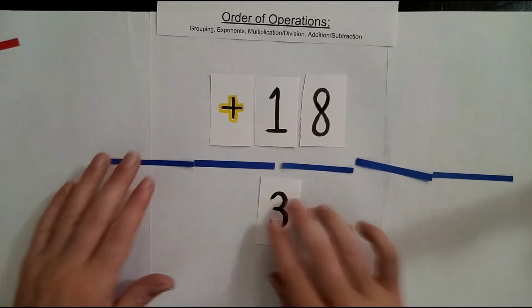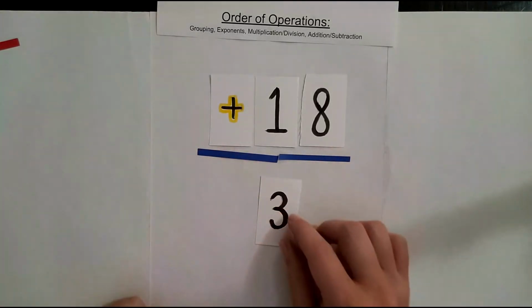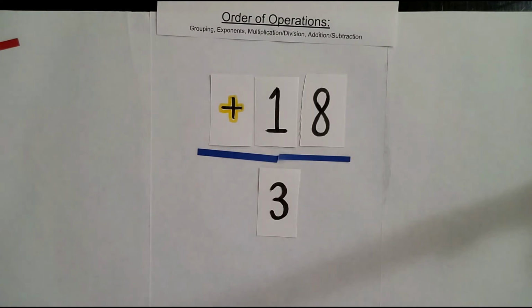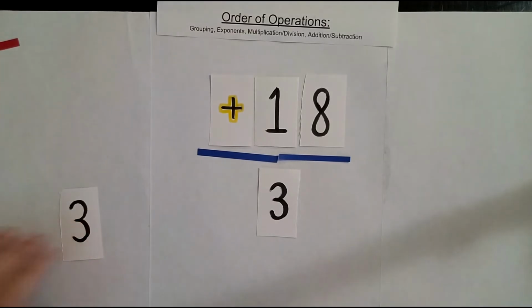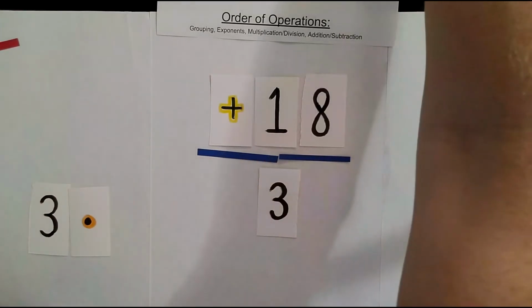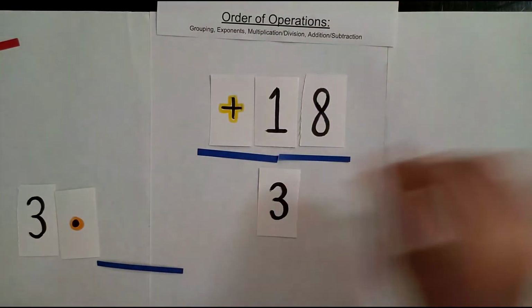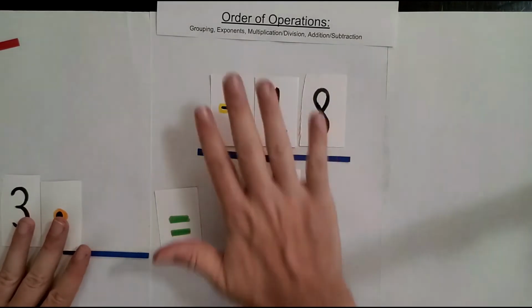So now we have got a positive 18 that is divided by 3. So positive 18 divided by 3. Another way of talking about this sort of division, if it helps you, is we can think of a positive 18 divided by 3 as being the exact same thing as saying 3 times what is going to equal 18.